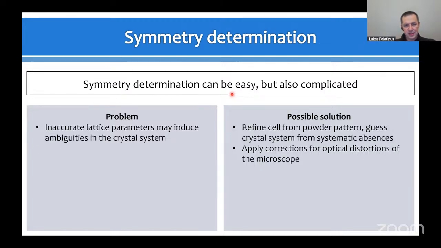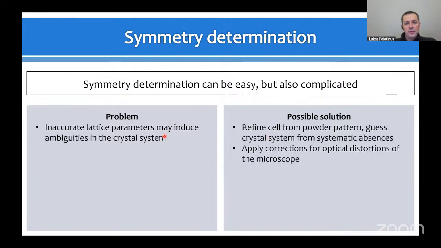First, I mentioned already inaccurate lattice parameters, which may induce some ambiguities even in the determination of the crystal system. Is the crystal orthorhombic or is it monoclinic? Is a half a degree deviation from 90 degrees a significant deviation or not?